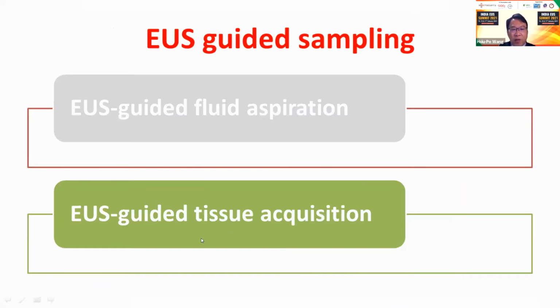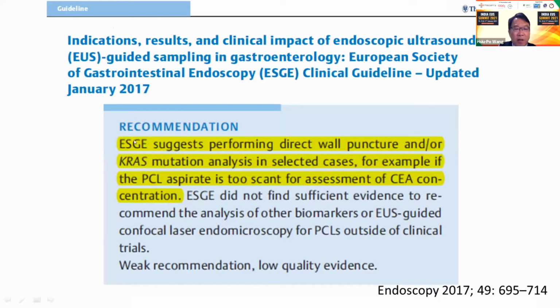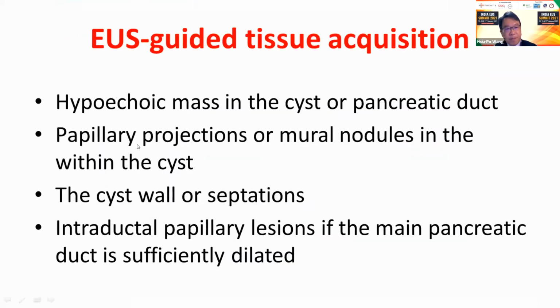About the tissue acquisition, the AGA suggests performing a direct wall puncture or KRAS mutation analysis if the aspirate is too scanty for assessment of CEA concentration. EUS tissue acquisition will target the hypoechoic mass of the cyst or pancreatic duct, and also the papillary projection or mural nodule within the cyst.